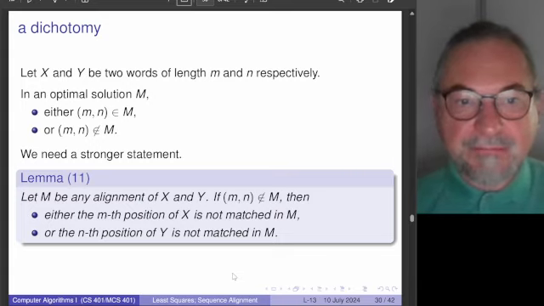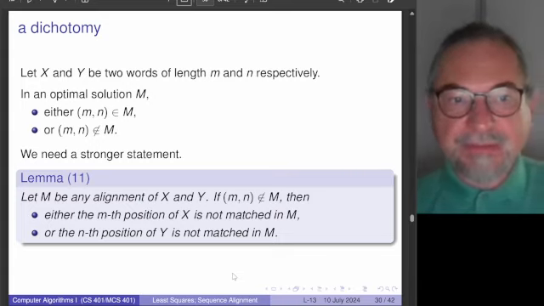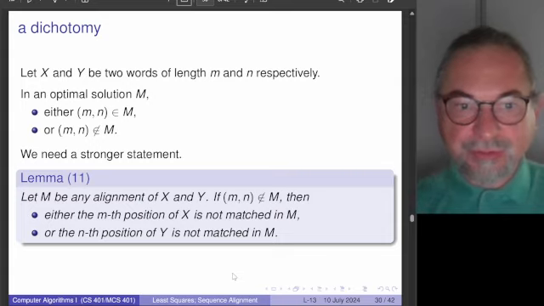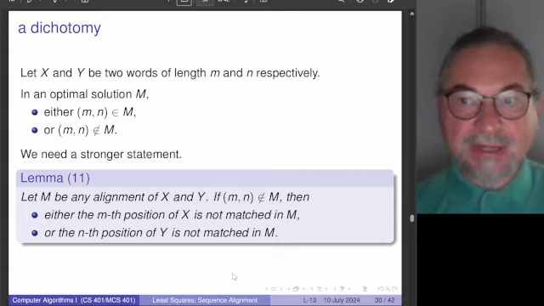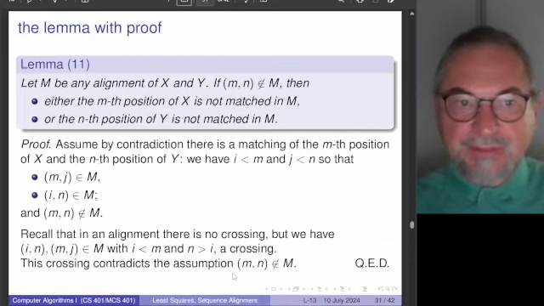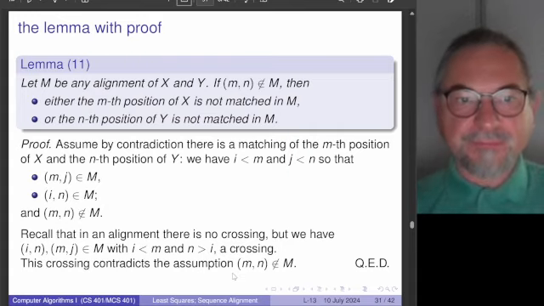It either means that you skipped the mth position in the first word, so the last position was skipped, or you skipped the last position in the second word. So that actually always incurs an extra penalty. Let's examine this a little bit further.